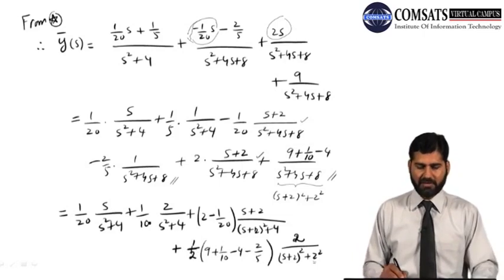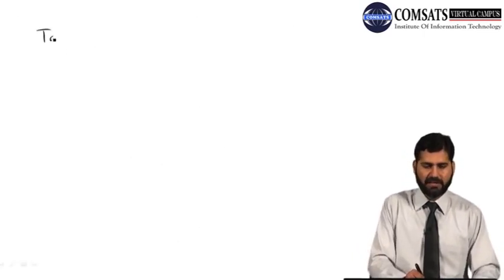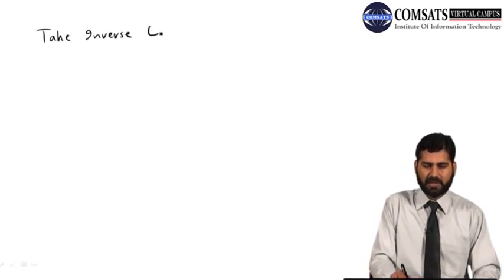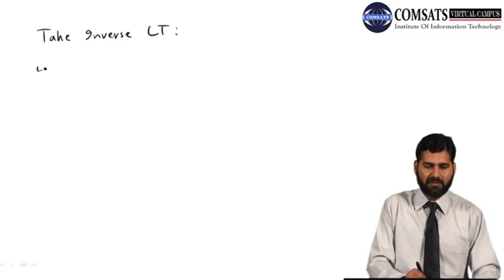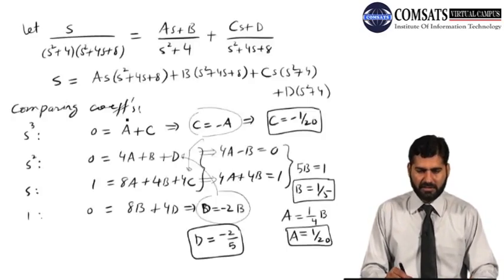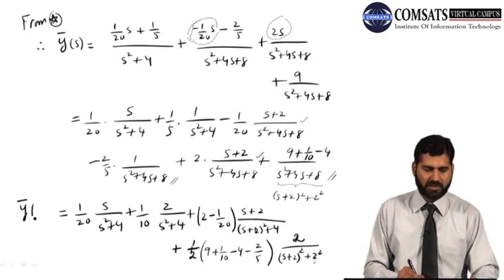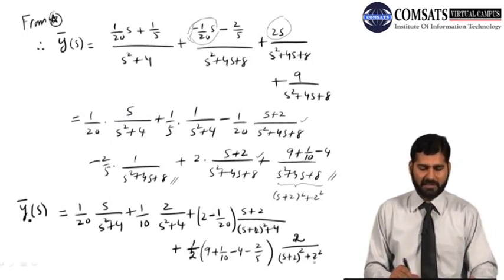All right, so now I have Laplace inverse of everything. So now take inverse Laplace transform. You will get y of t back, right? Because this is y bar of s. So if you take Laplace inverse, you will get y of t back.